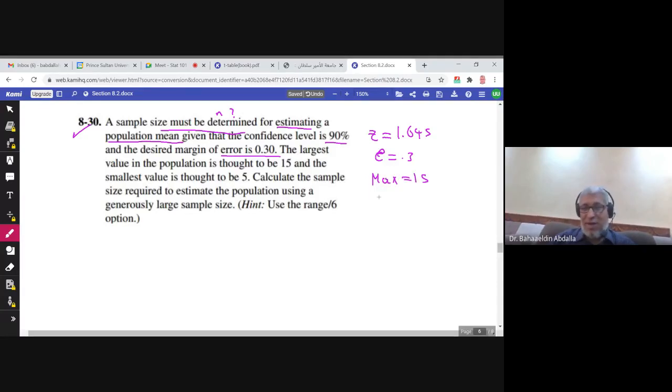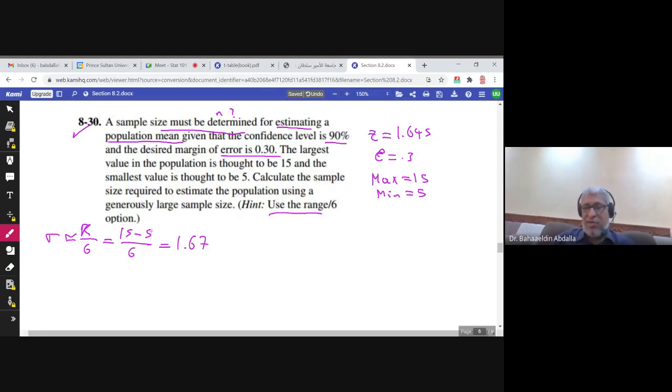The smallest value, the minimum, is 5. Once you have the maximum and the minimum, you can approximate the range. You can approximate sigma: sigma is approximated by range over 6. So it is 15 minus 5 over 6, or 1.67.